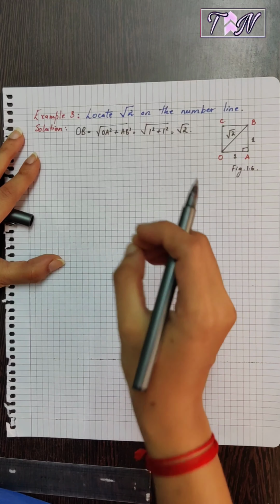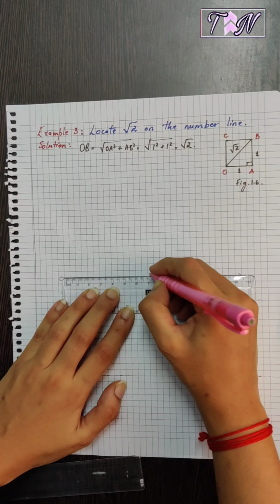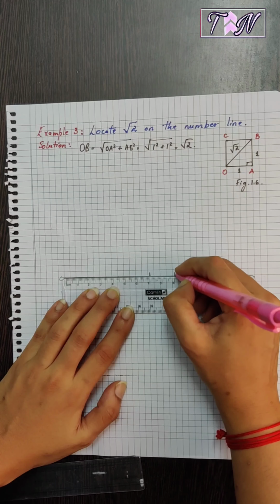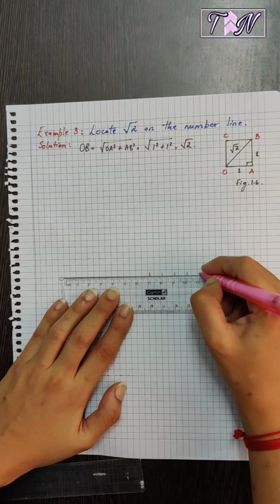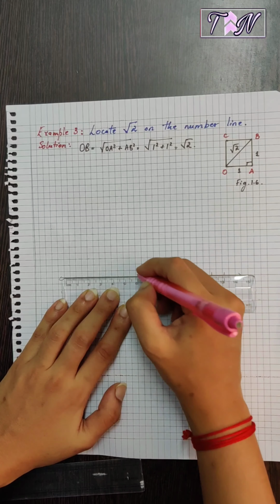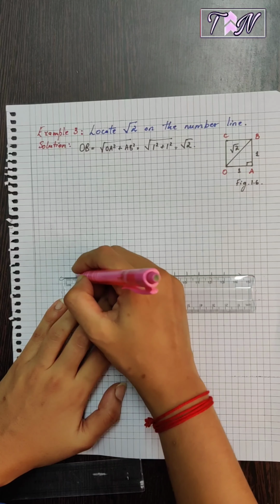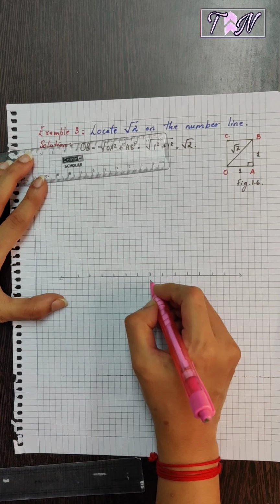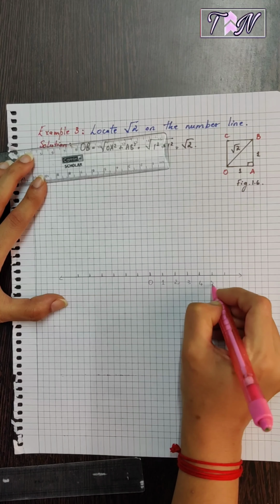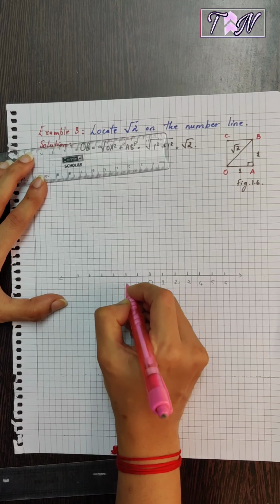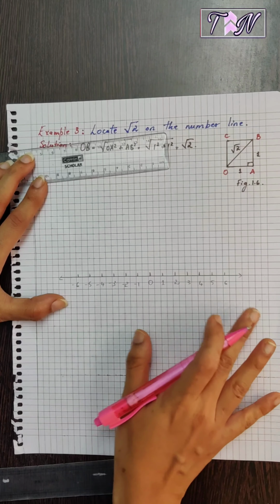In order to plot root 2 on the number line, let us transfer this figure onto the number line. So I've drawn the number line.